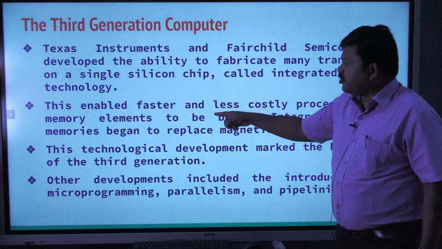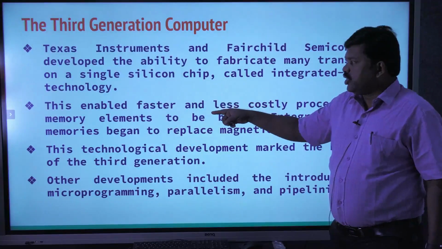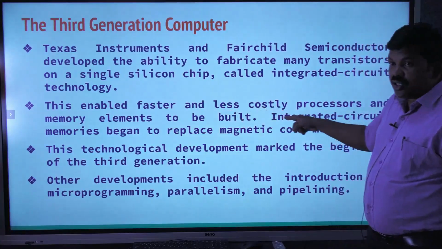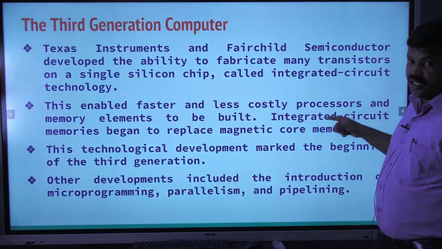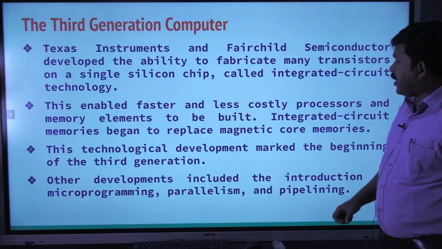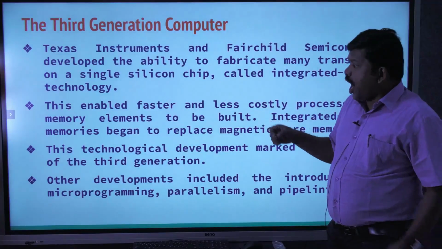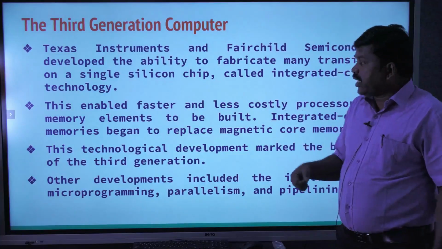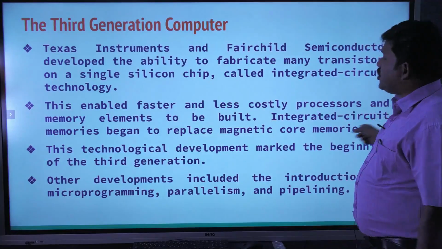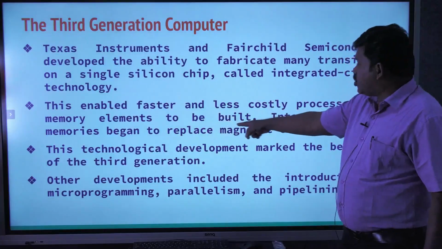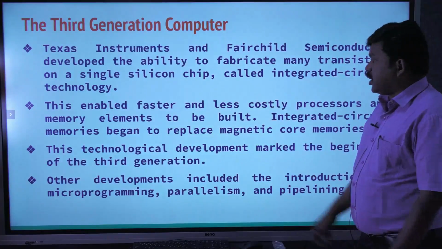The advantage of chip technology is that it enabled faster and less costly processors. It made a major impact on the processor manufacturing industry, in that IC chips were used to integrate more transistors, and also memory elements such as registers, together with the processor circuit.